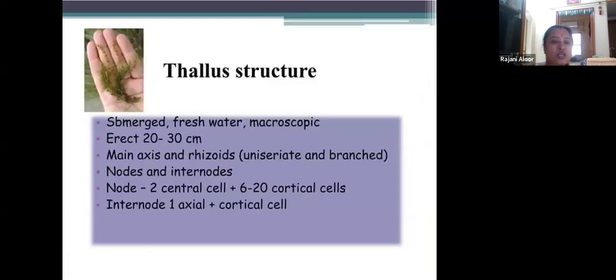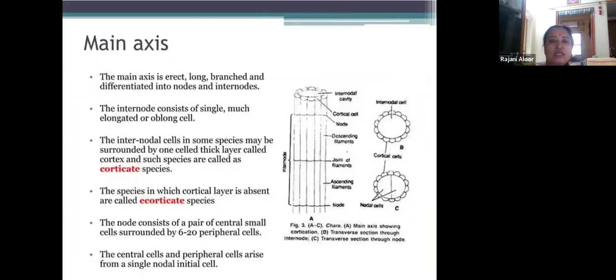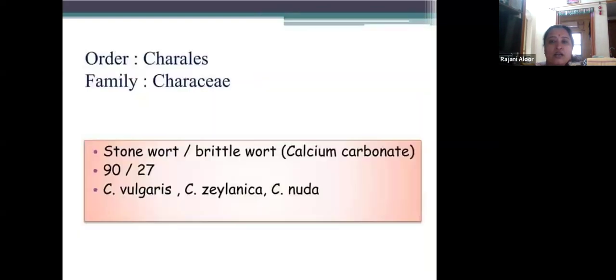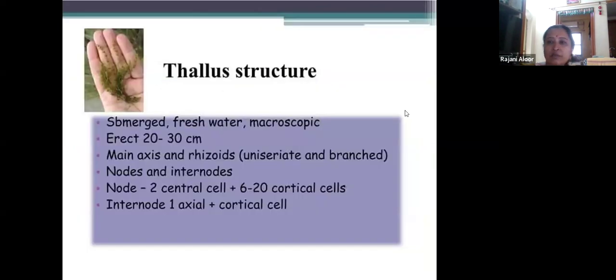Coming to the structure of Chara, or the thallus of Chara. The thallus of Chara is a branched, multicellular and macroscopic structure. What is the structure? See, one second, I'll show it. The picture is not there. One second.